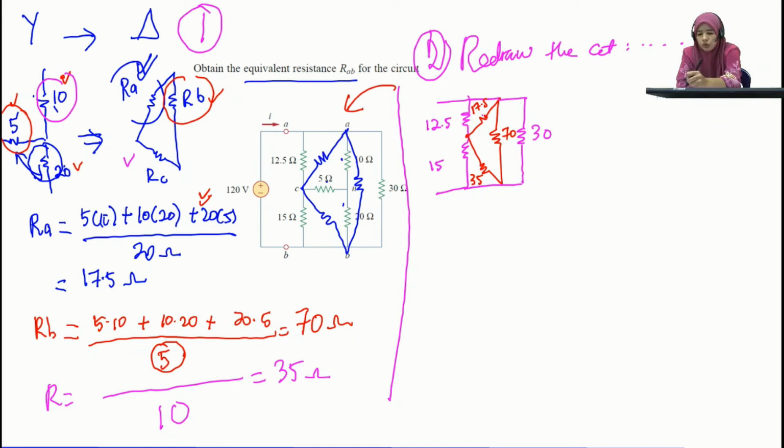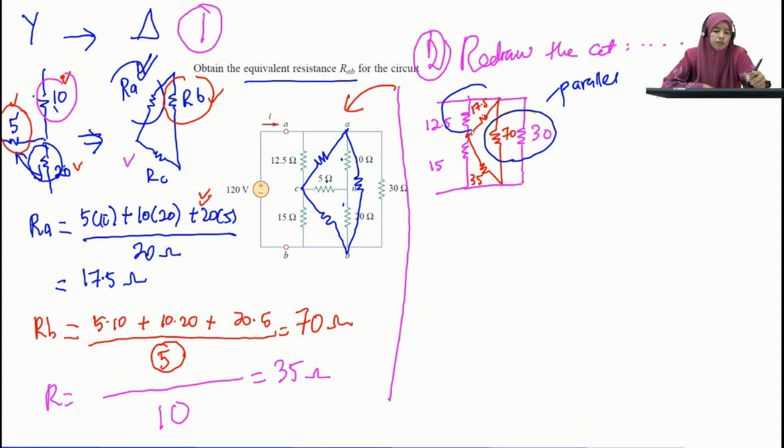Let me show you why it is so simple. Oh, you cannot see that. Let me change. Okay, 70 and 30, they are definitely in parallel, as well as 17.5 and 12.5, they are also in parallel, and 35 and 15 are also in parallel.